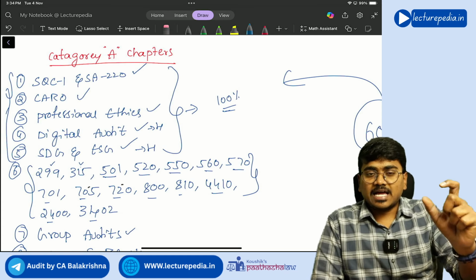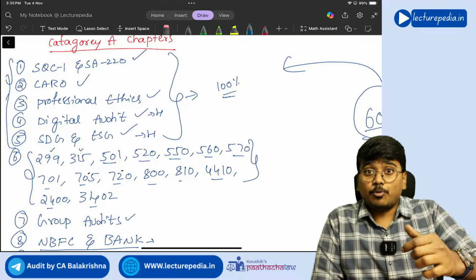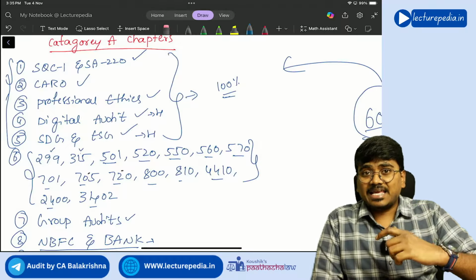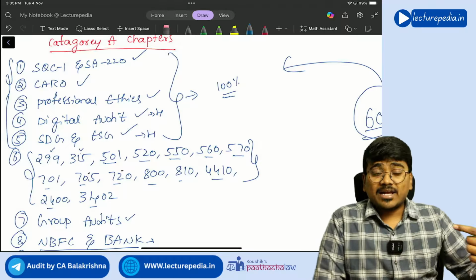You should also solve questions and answers and also MCQs from these chapters, because generally the points that you forget or miss while reading the concepts will strike while solving the MCQs. You'll get to know that you have completely missed that point.